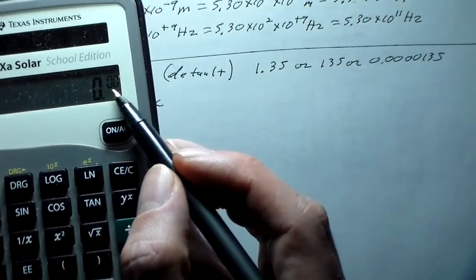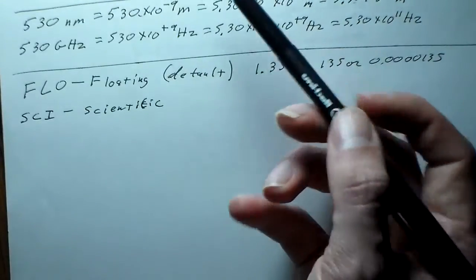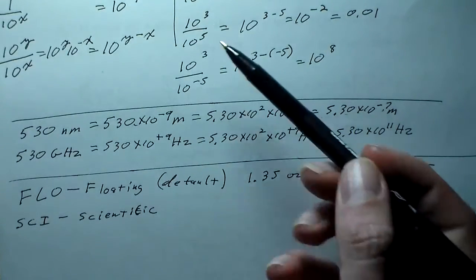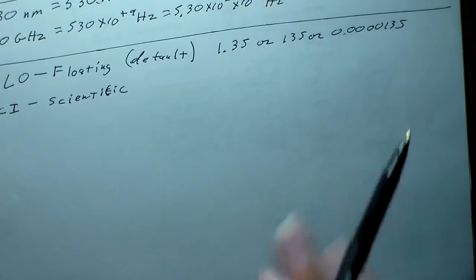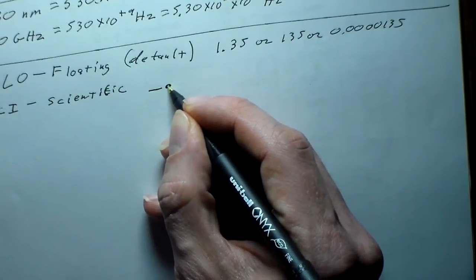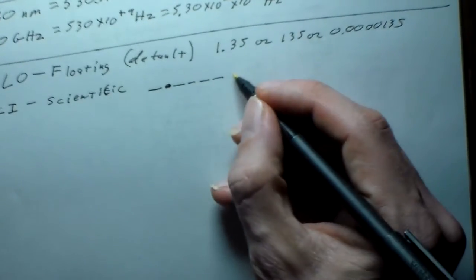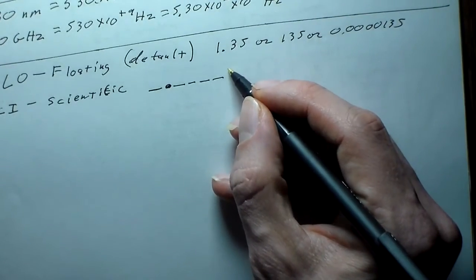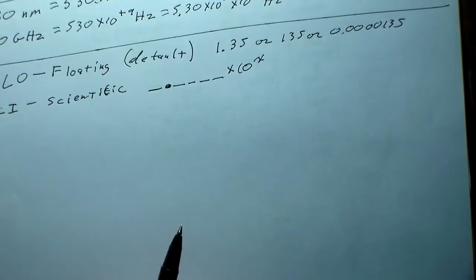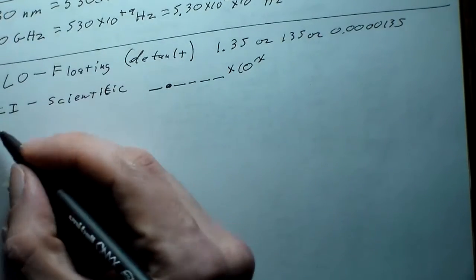And then you'll notice right here we have the little exponential zeros, which will represent, of course, those exponents that we have up here. All right, and then when you have that, you're just going to have some number, the decimal point, some other numbers depending on how many you actually have, and then you're going to have the times 10 to the x, whatever number you actually have there.